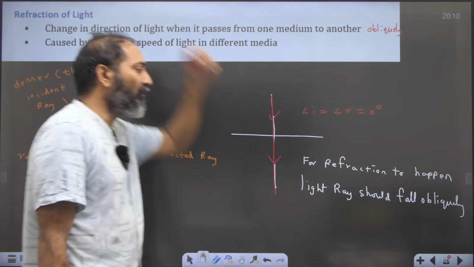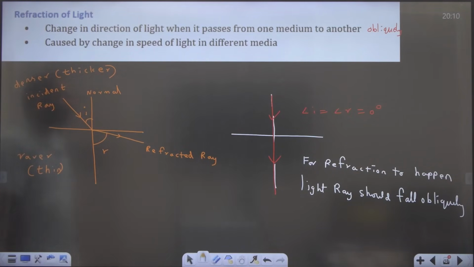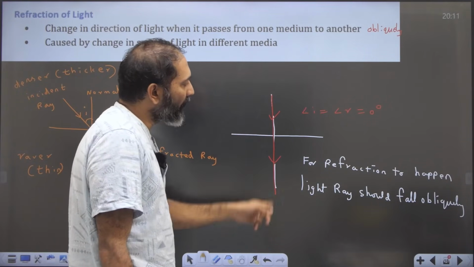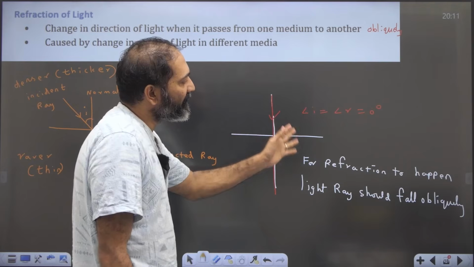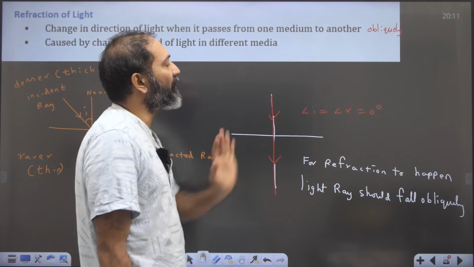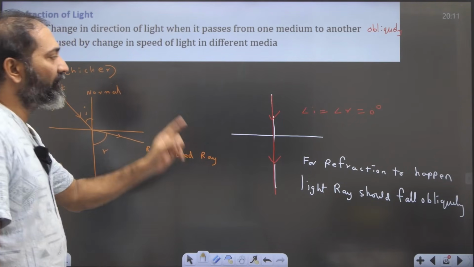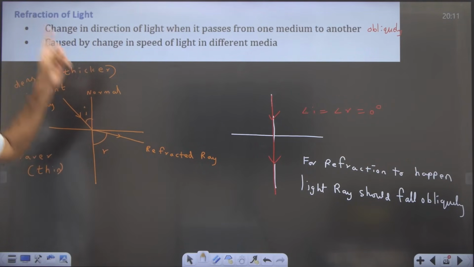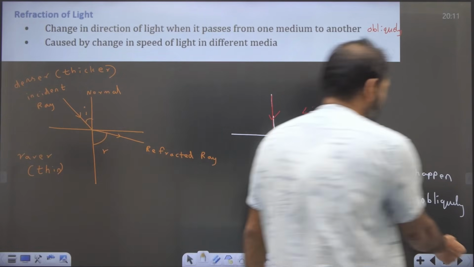If the light ray is not falling along the normal, or when the angle of incidence is 0, then the angle of refraction also will be 0. So that is the reason why we say that for refraction to happen, the light ray should fall obliquely, meaning at an angle. Now let's see the other case.